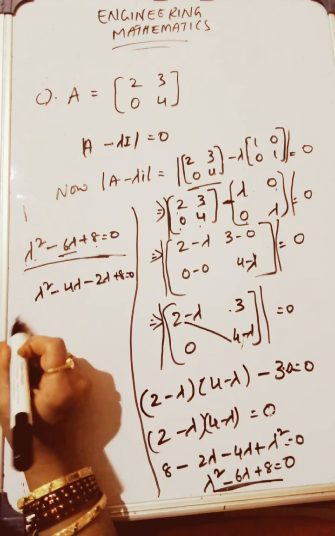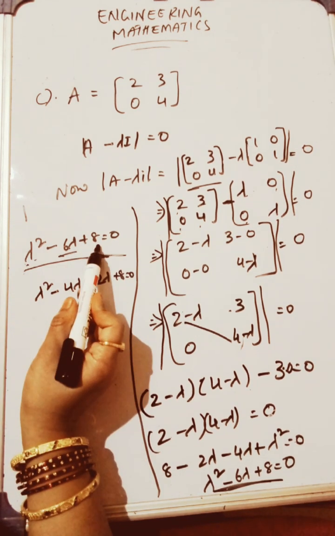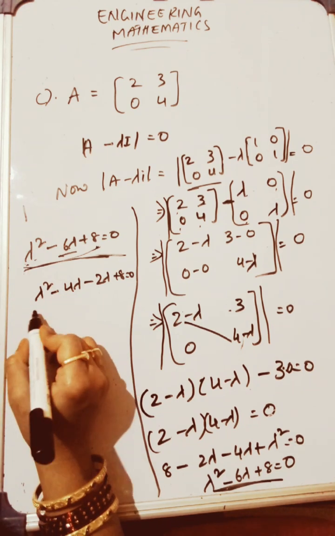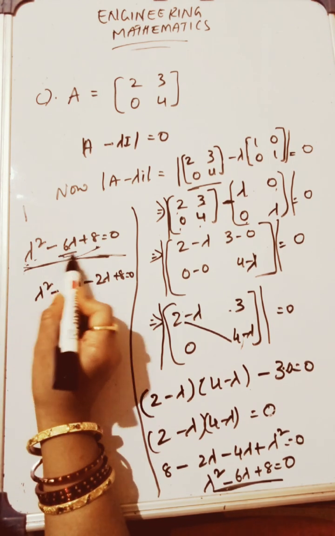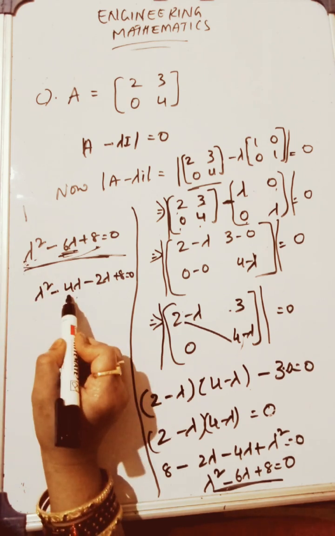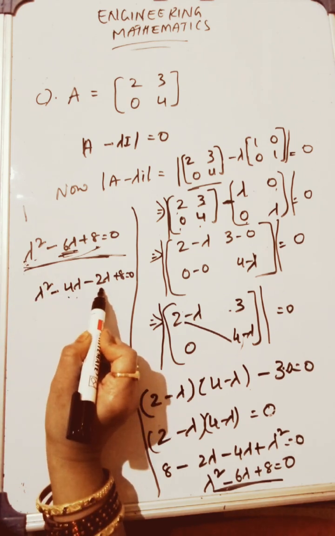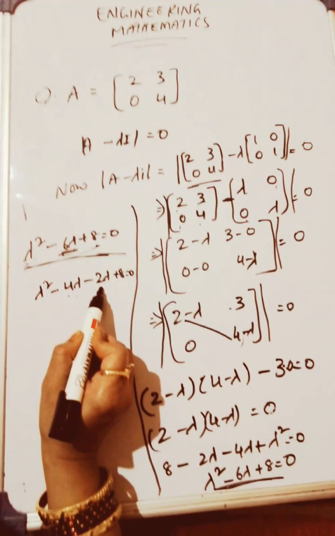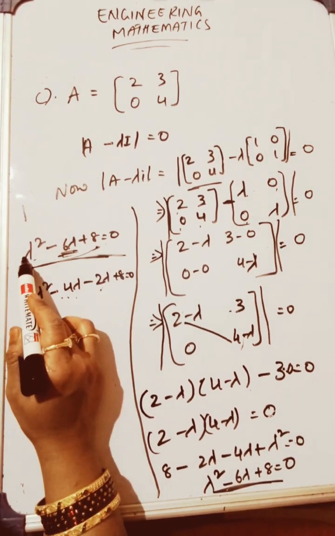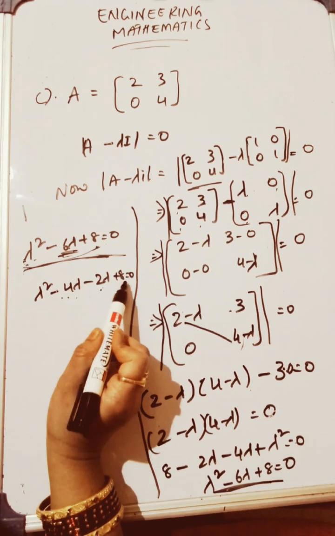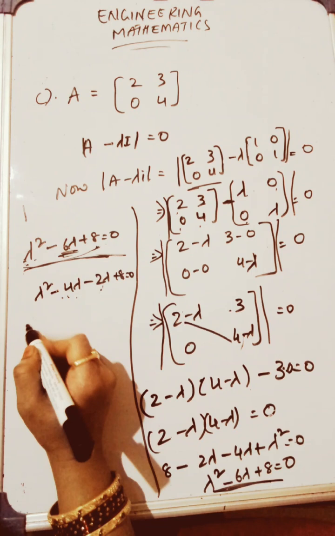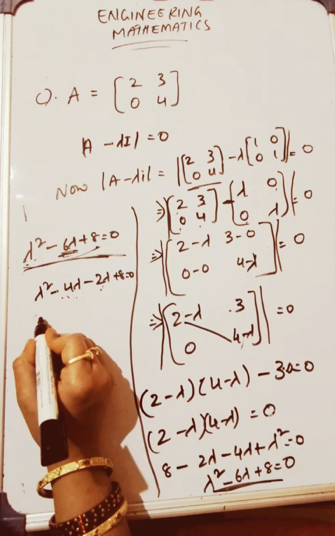This is a factorization. How are we going to solve this? We have to factorize this equation. Here 6 lambda can be written as 4 lambda plus 2 lambda, with minus sign, so minus 4 lambda minus 2 lambda. For lambda square times 8, the value we need is 4 twos are 8. This is factorization.